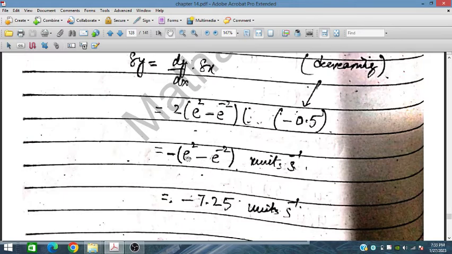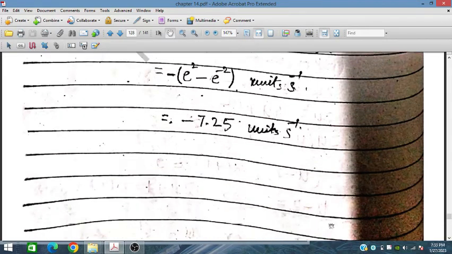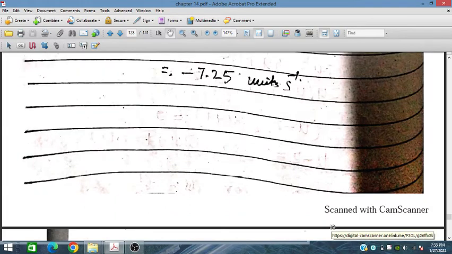By placing in the value of e, we have obtained minus 3.62 units per second change in y, with the decremental change in x of minus 0.5. So this is question number 5.